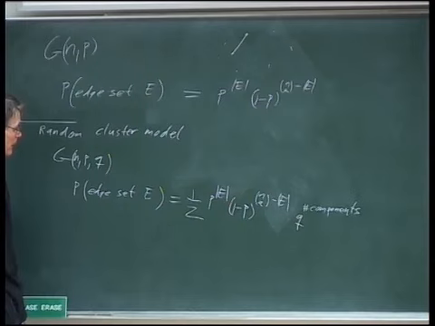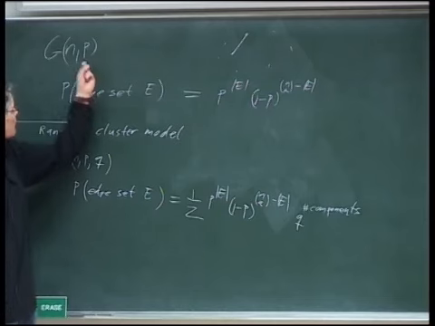And as Alan explained, and I'm not going to repeat that, the Fortuin-Kasteleyn correspondence says that this is more or less equivalent to the q-state Potts model. So again, now the q-state mean field Potts model on a complete graph.